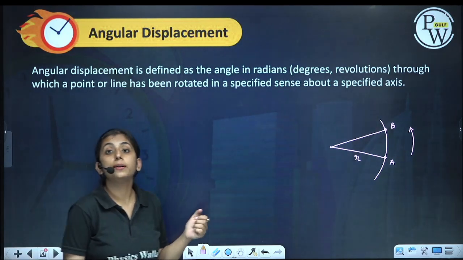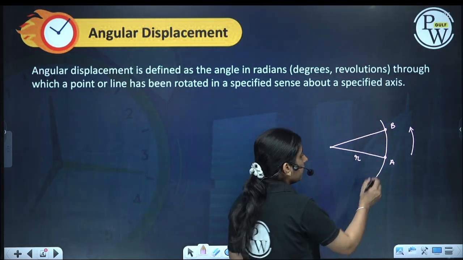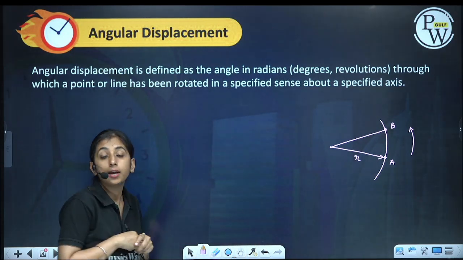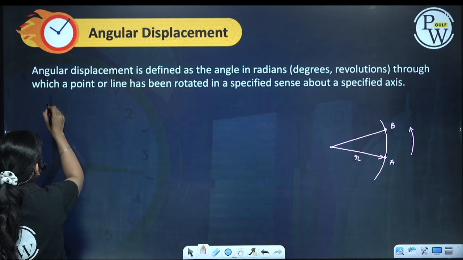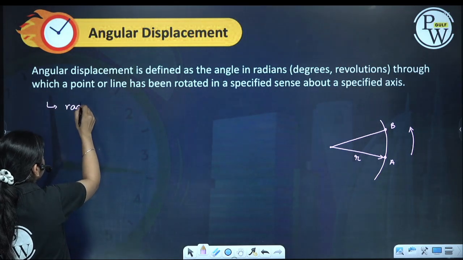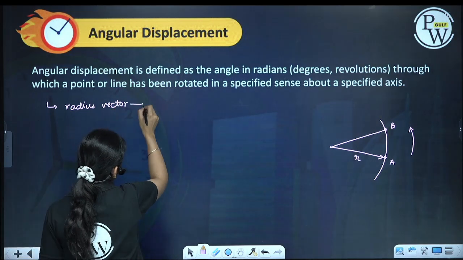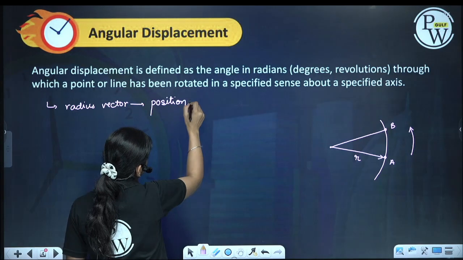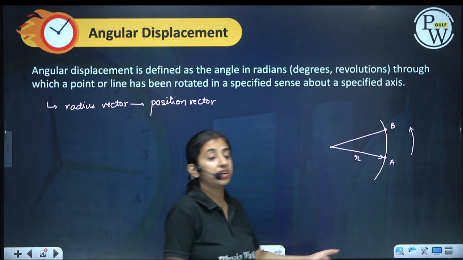So what will be my change in position? If I see, this will be my position vector. How do we define the position of a particle in circular motion? By the position vector. Here the radius vector is my position vector, which will define the position of the particle moving in the circle.